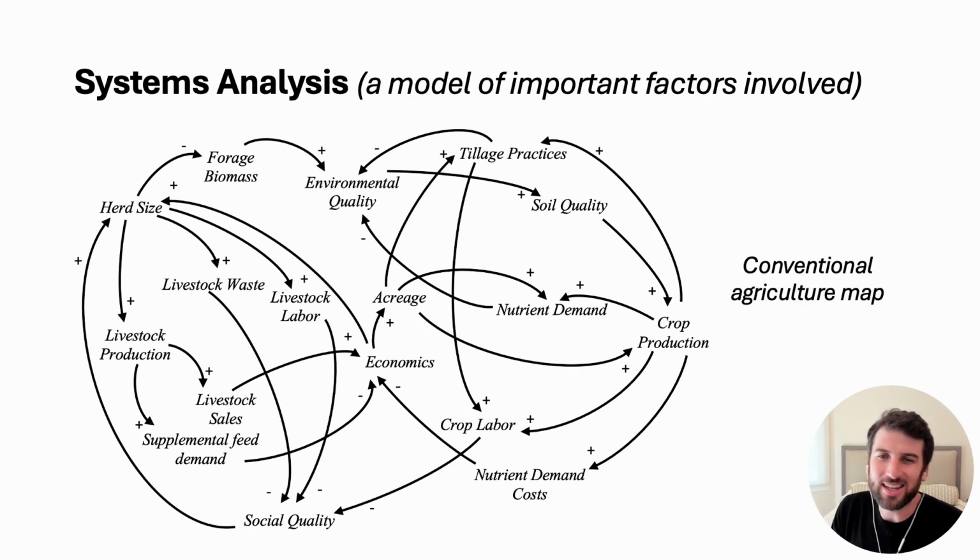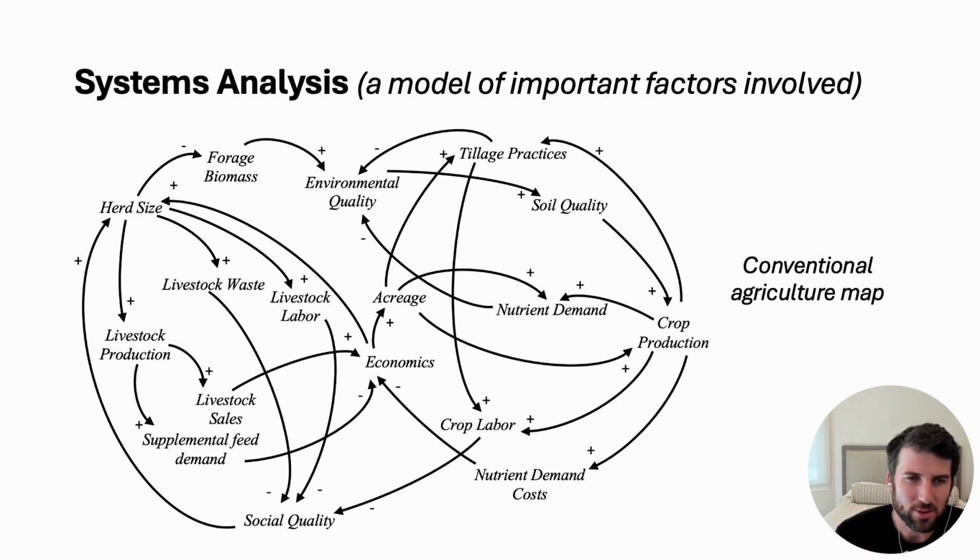So let's think about the conventional agricultural map. And this is a system that was drawn. I found it online. And this was a group of stakeholders that said, these are some of the important factors that we're considering and that were helping us gain an understanding of the system.